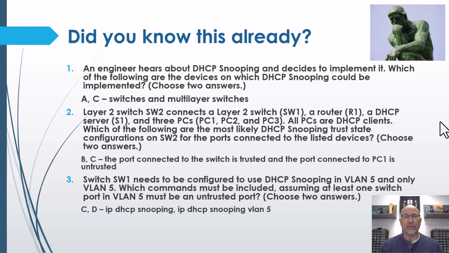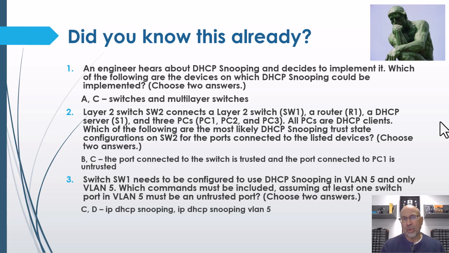Question number 2, layer 2 switch, switch 2 connects to layer 2 switch, switch 1. So 2 switches and a router, a DHCP server, and 3 PCs. All PCs are DHCP clients. Which of the following are most likely to be in the DHCP Snooping trust state configurations on switch 2 for the ports connected to the listed devices? Choose 2.